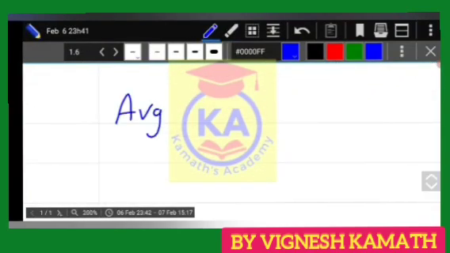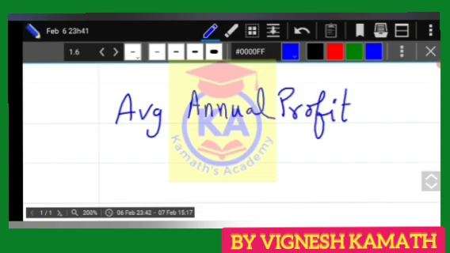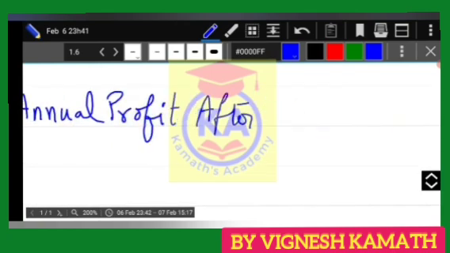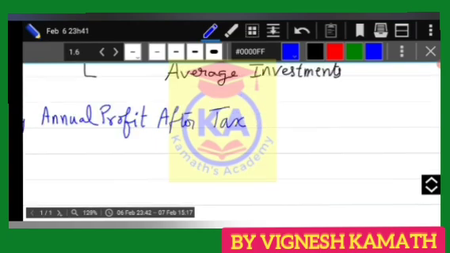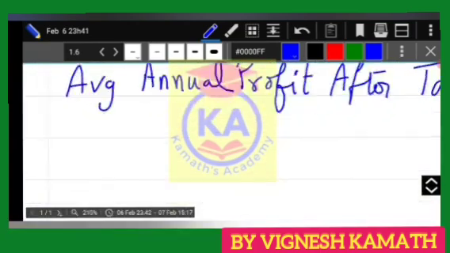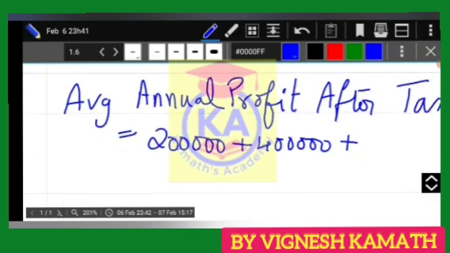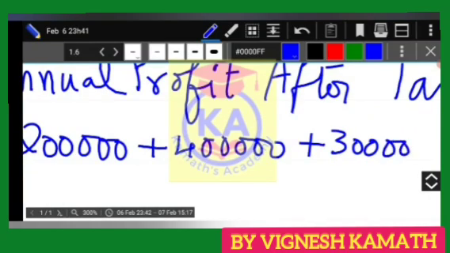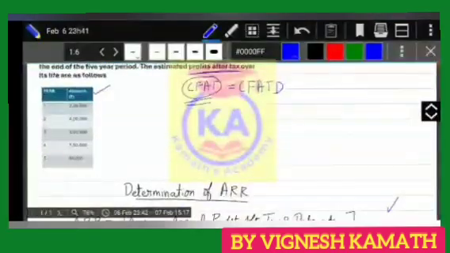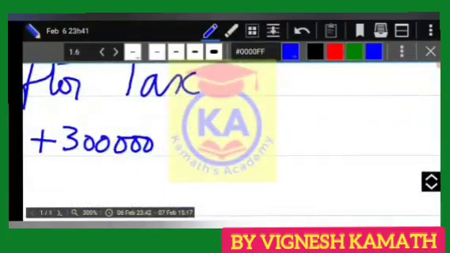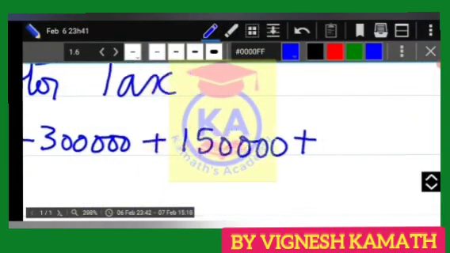Average annual profit after tax is equal to, now we have to take the average. Let's take the average. First is 2 lakhs, add 4 lakhs, plus 3 lakhs, add rupees 1,50,000, plus rupees 50,000.